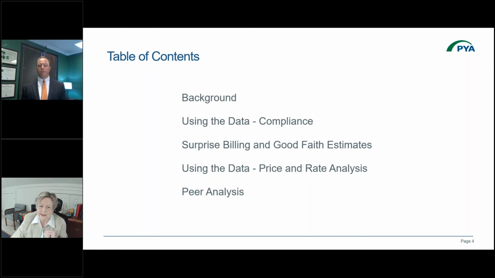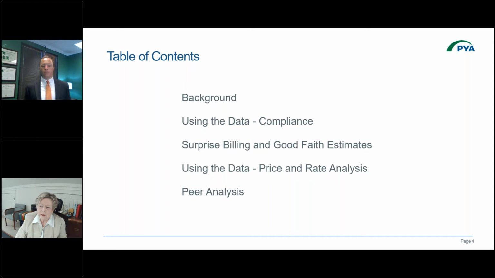So now let's get started in terms of what we're going to talk about this morning in terms of pricing transparency using the data. I'm going to give you a little bit of background, some history. We're going to talk about compliance with the reporting for price transparency and negotiated rate information.